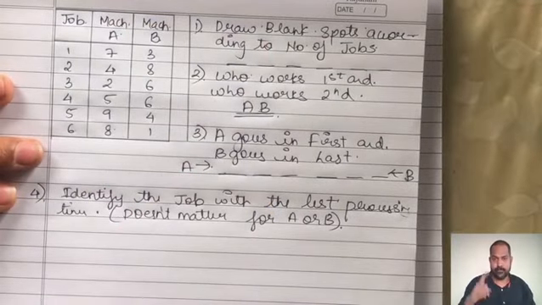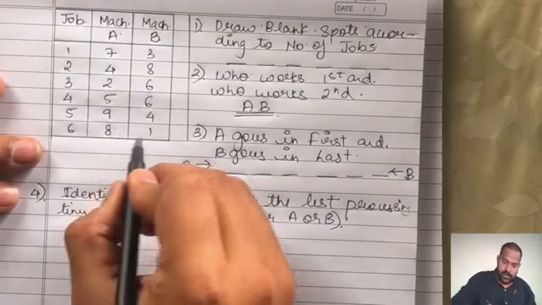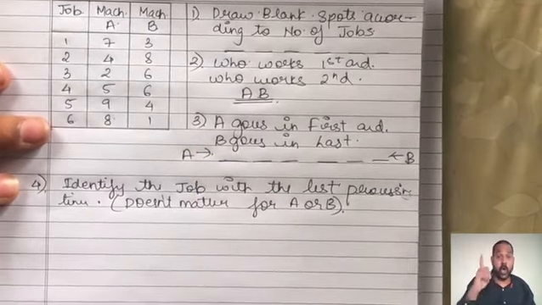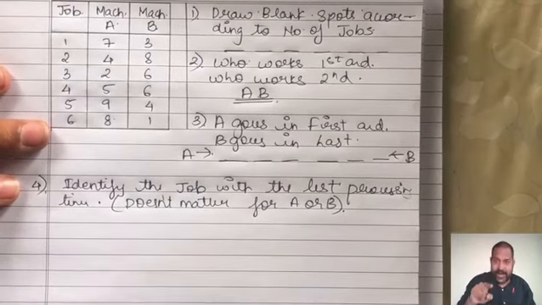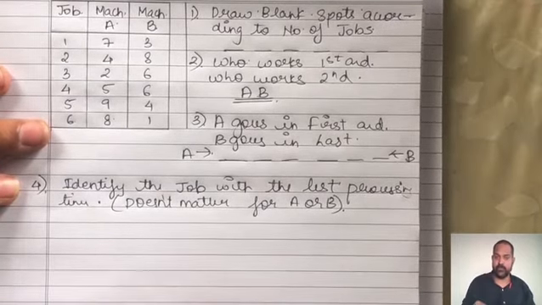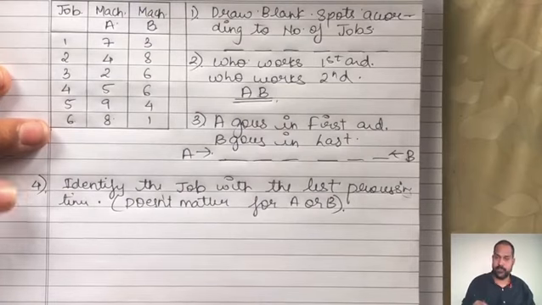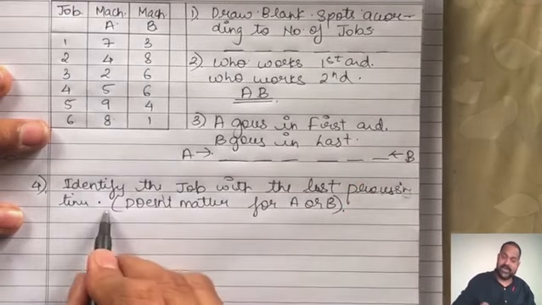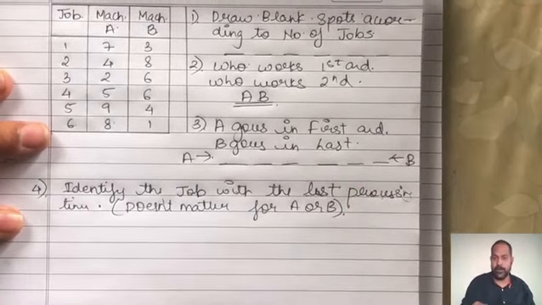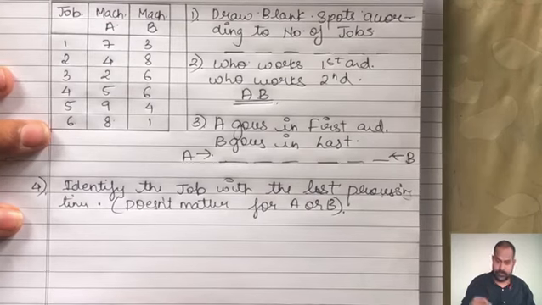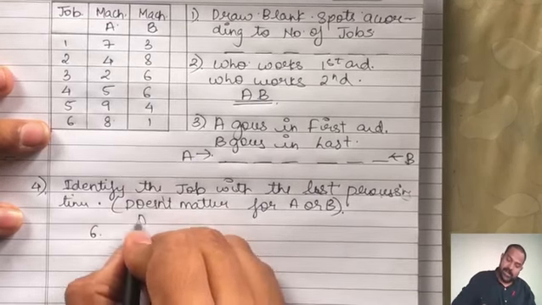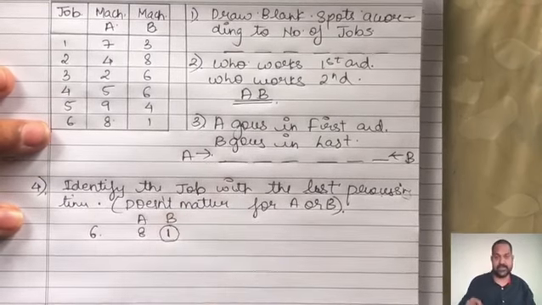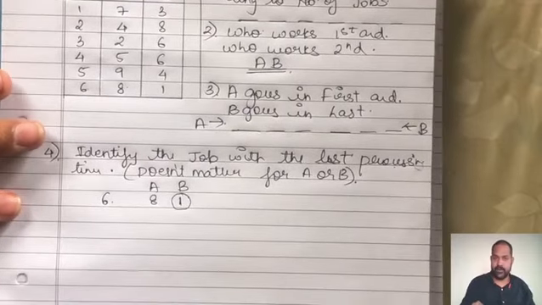Okay. Now listen to what I'm saying carefully. This 1 is for job 6. Then job 6 will enter first into the queue. So, identify the job with the least processing time. Doesn't matter for A or for B. Correct? So, I have picked up 6. A is 8 and B is 1. And that is why I picked up 6. Correct?